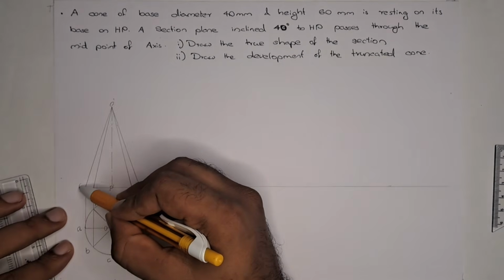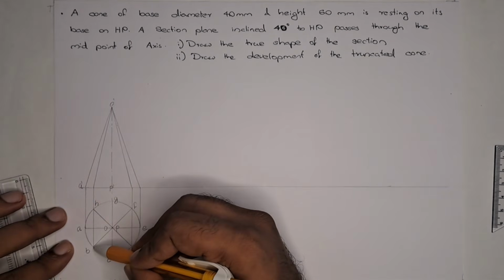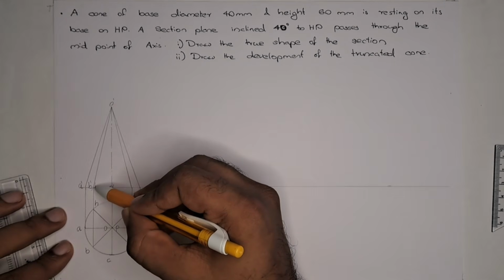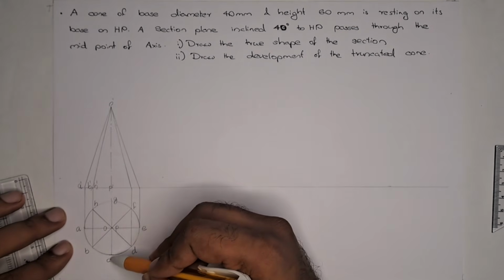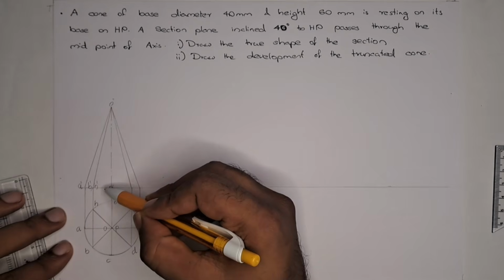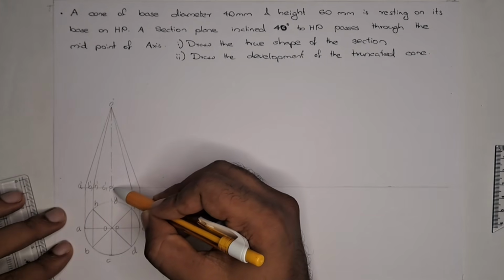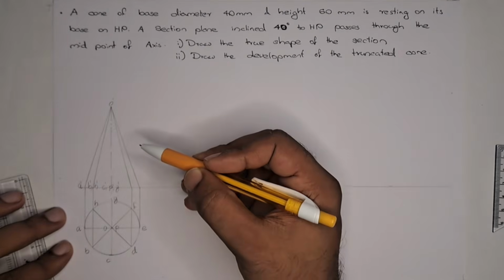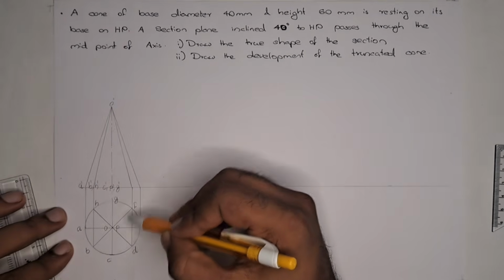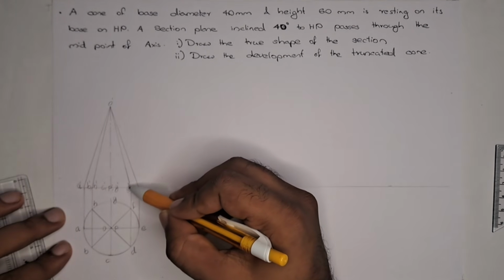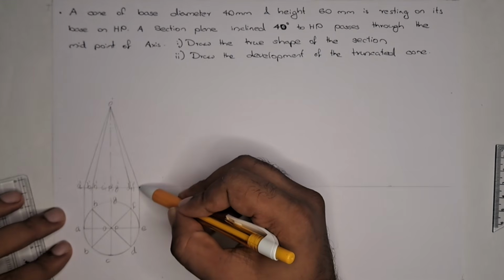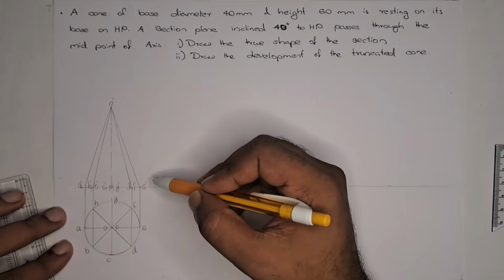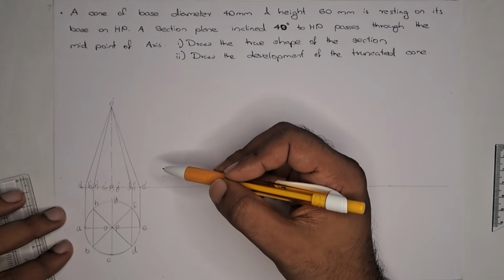Here it will be A dash, B dash, H dash, C dash, G dash, with P dash and G dash at the same point. Then D dash, F dash, and E dash. So we mark the points on the front view also.